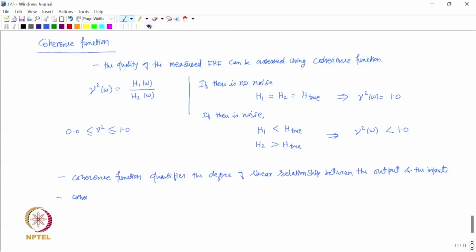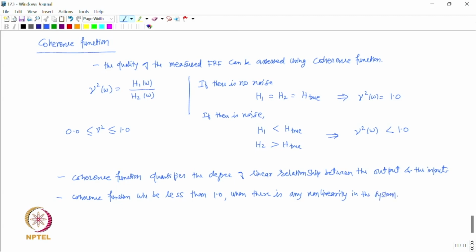So, therefore, the coherence function will be less than 1 when there is any non-linearity in the system.